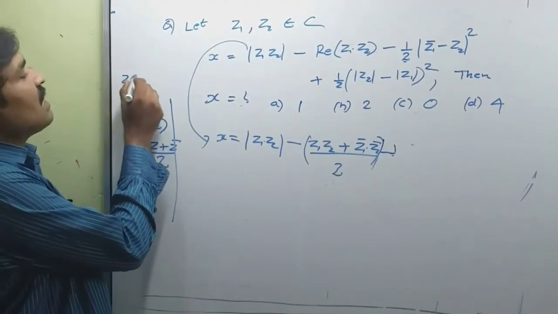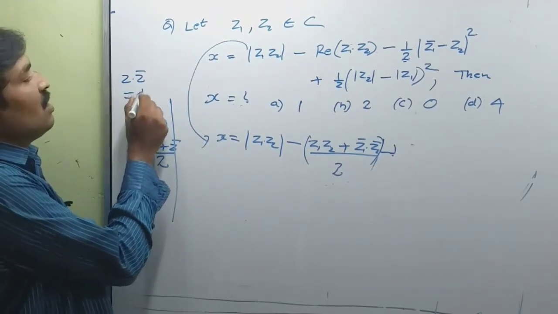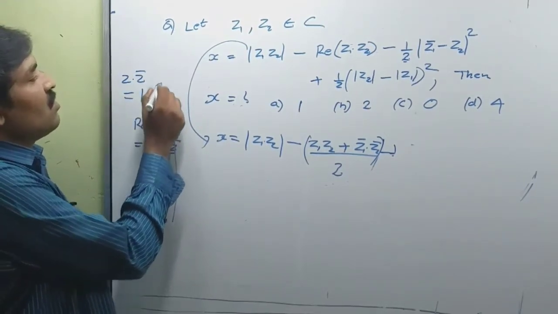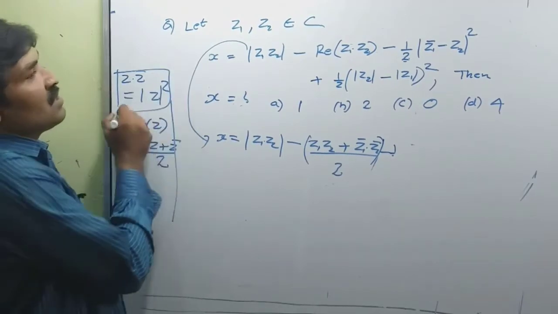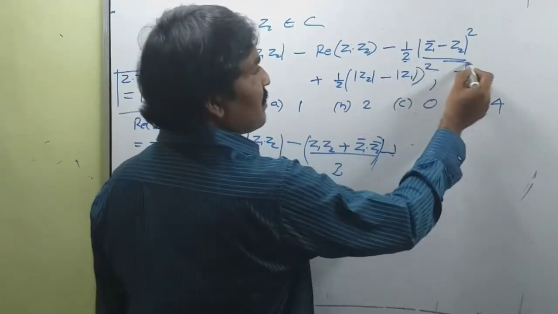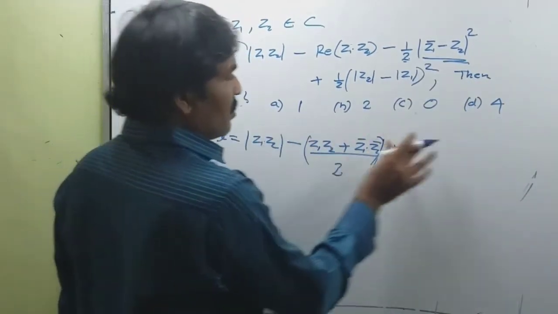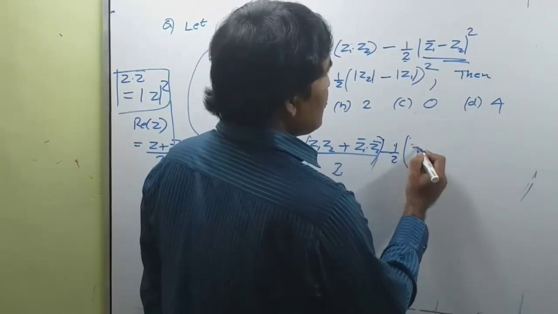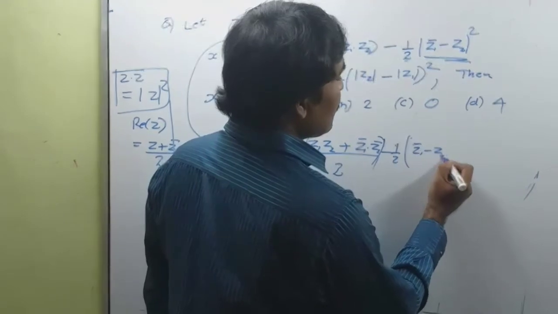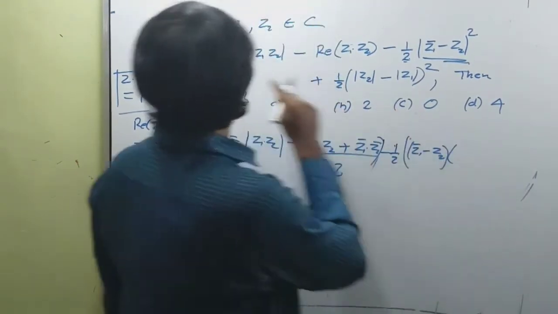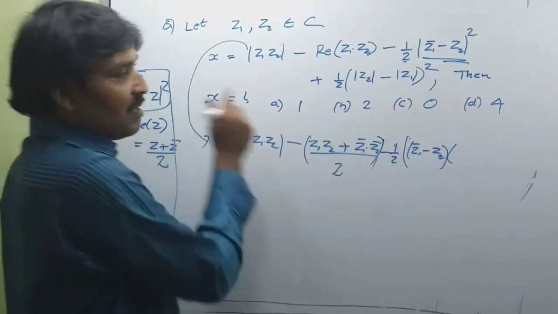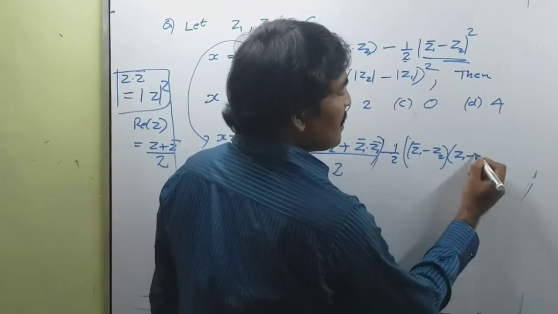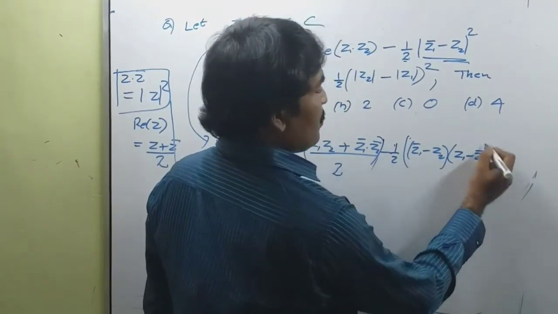Z into Z conjugate is equal to mod Z square. So we can write this term in this form. So this becomes minus 1 by 2 into (Z1 minus Z2) into (Z1 conjugate minus Z2 conjugate).